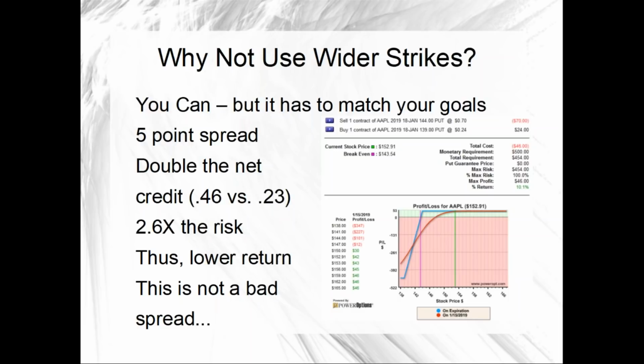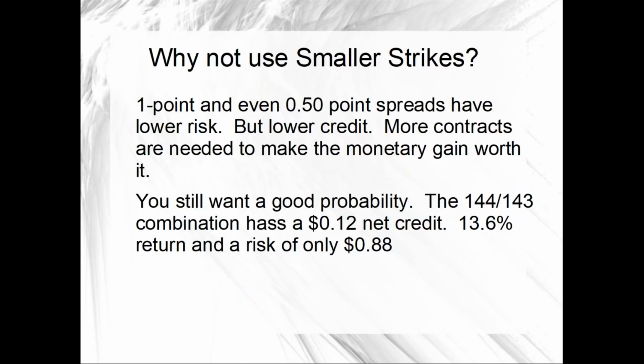Well, that again might be a lot of margin requirement to receive $2. You might be as well off doing a 5-point spread, only putting up $500 and still making 50 cents. But again, that comes down to personal preference and your goals for the return on this strategy in this portion of your portfolio.